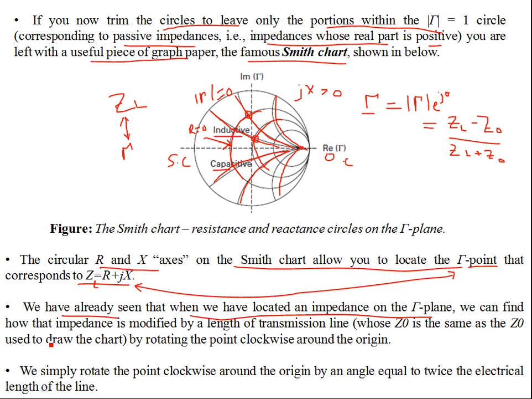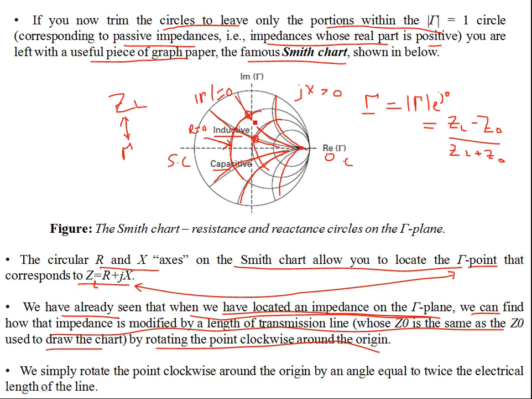We have already seen that when we have located the impedance on the gamma plane, we can find how that impedance is modified by the length of the transmission line. The characteristic impedance Z naught is the same as the Z naught used to draw the chart. So you rotate the point clockwise around the origin.